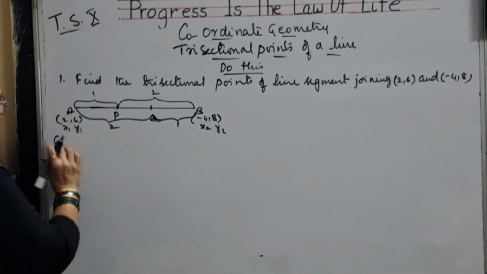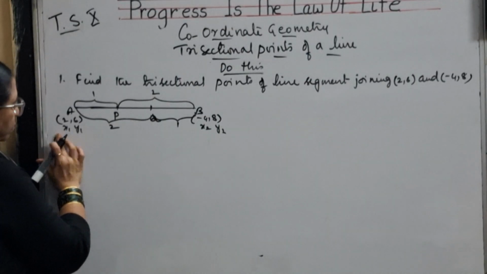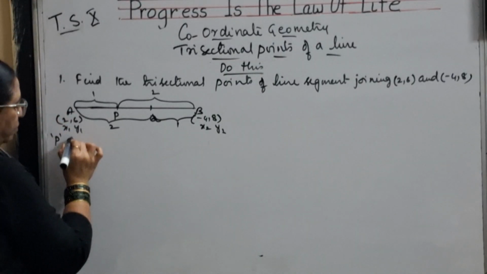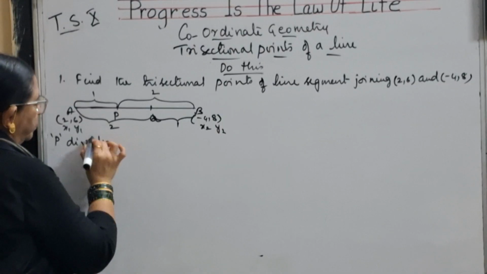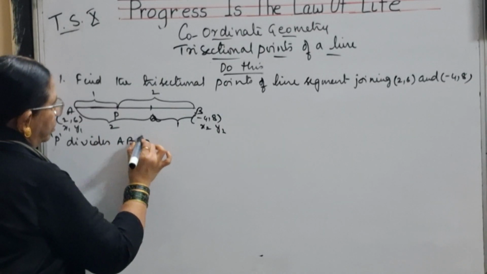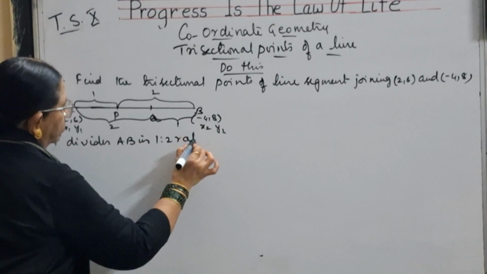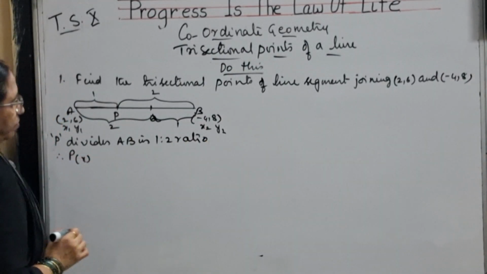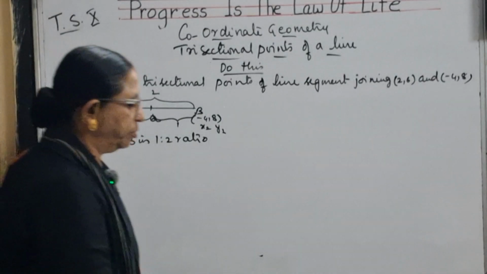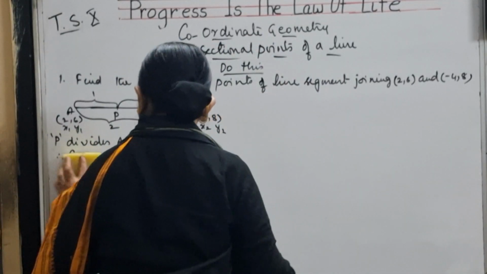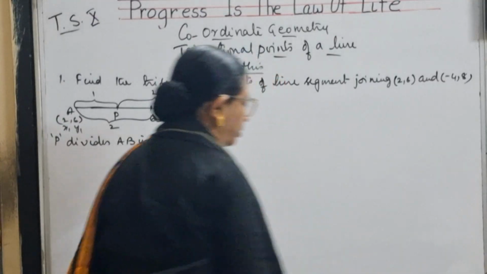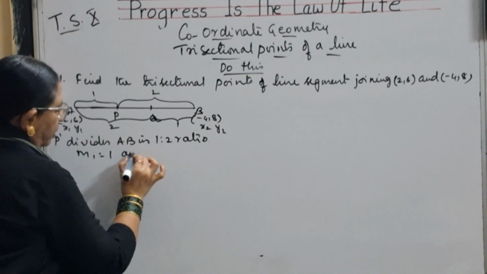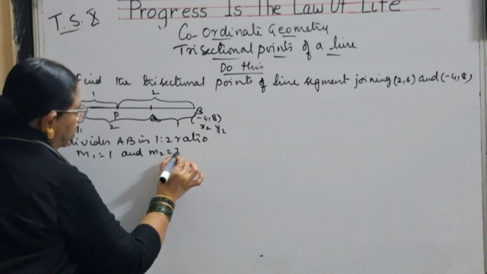So let us directly go with the problem, children, instead of writing this. So P divides AB in 1:2 ratio. Therefore, P of x, M1 and M2 we will write first. That is important. Therefore, M1 is equal to 1 and M2 is equal to 2.